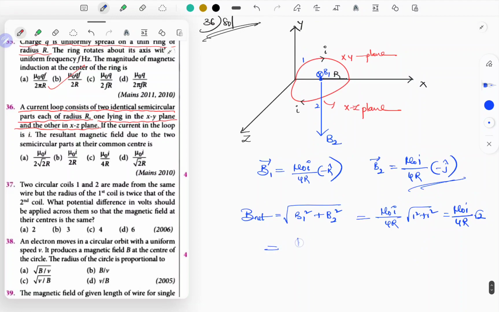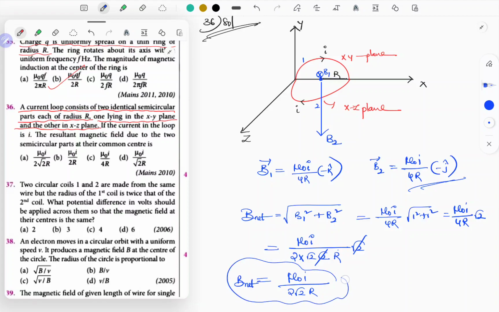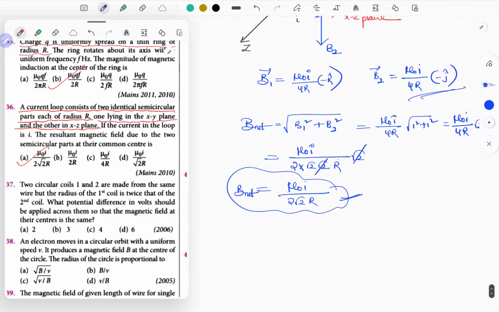You can write it as 2 into 2, and root 2 into root 2 into R, so one root 2 gets cancelled out. So the final answer is mu naught I by 2 root 2 R. This is B net, the magnitude of the net magnetic field. Option A is the correct answer. Let's move on to the next one.